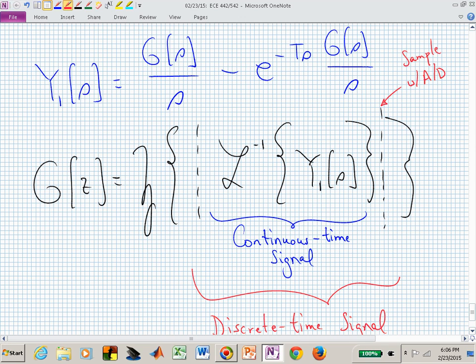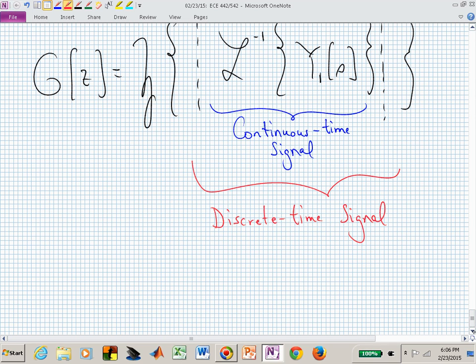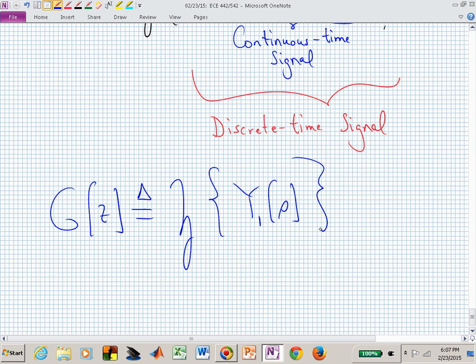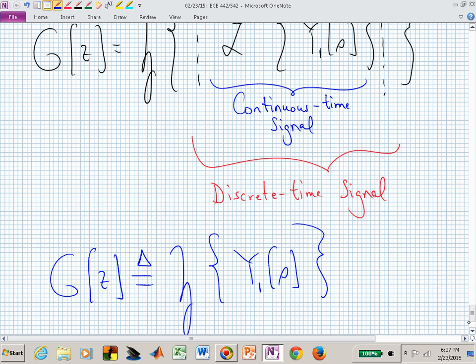That's going to be kind of messy to always write down, so I'm simply going to say that when I want G of Z, I'm going to define that to be the Z-transform of Y sub 1 of S. So my G of Z, when I'm doing a zero-order hold equivalent, is defined to mean this script Z of curly brace capital Y sub 1 of S in curly brace.